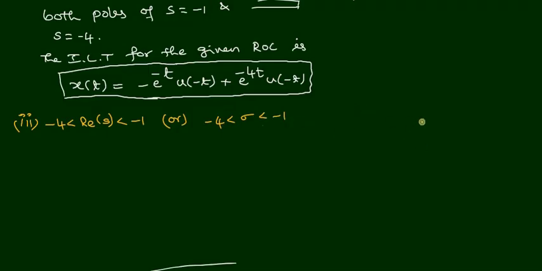For this, we draw the pole-zero plot or S plane. So this is the real part and the imaginary part, j omega. Now we mark the two poles: -1 is one pole and -4 is the other pole. Now the region of convergence is in between -4 and -1, so draw vertical lines at the two poles.